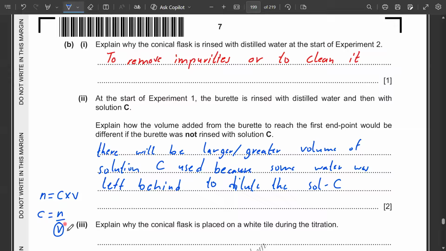If the volume has been increased, then concentration will decrease. That's what is called the diluted form of the compound. If the concentration is less, it is diluted or less concentrated. If there is more volume, it means less concentration.